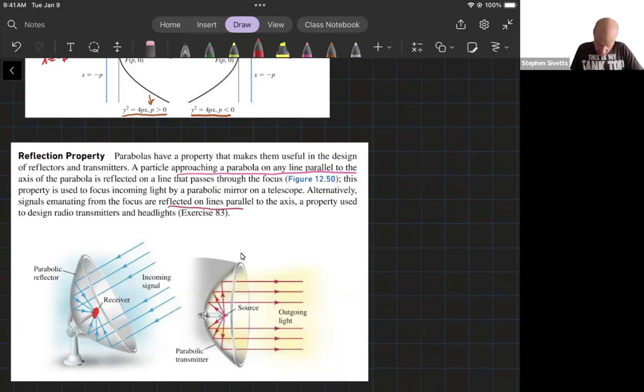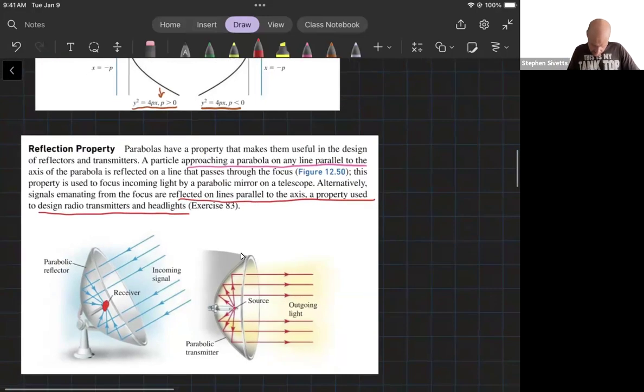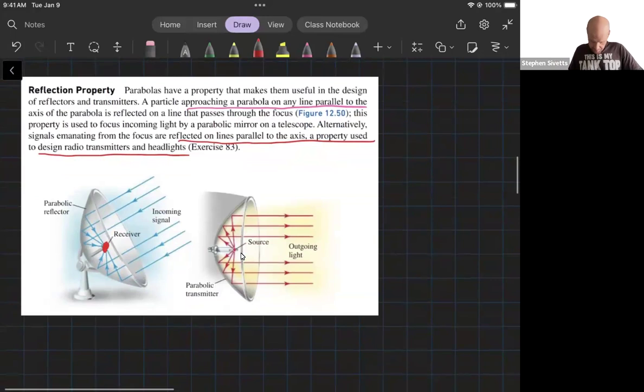And this is a useful property for parabolas, and it relates to physics and all that stuff. So parabolas are pretty useful in that aspect, right?